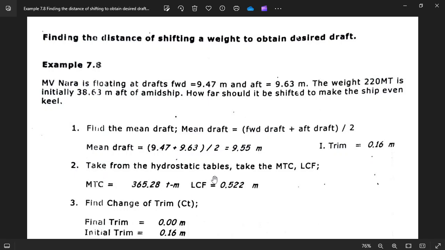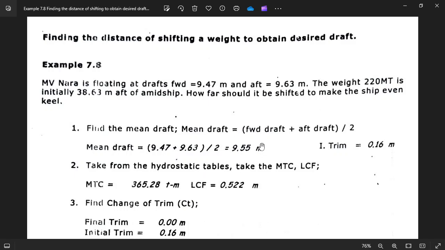From the hydrostatic tables, take the MTC and LCF. When you say hydrostatic tables, it means with the mean draft. So what will be the MTC and LCF with this mean draft? Okay, so this is the MV.